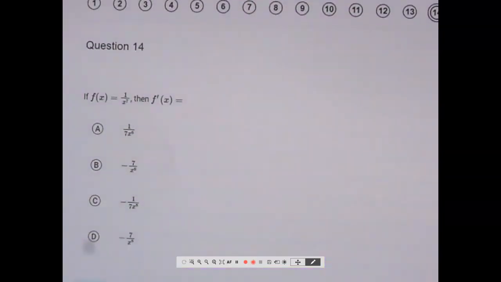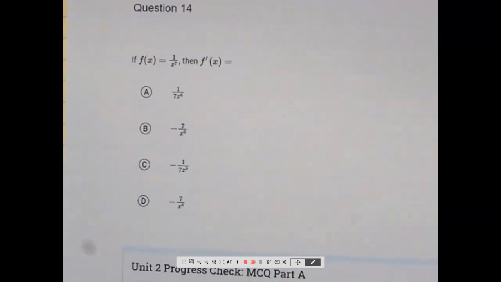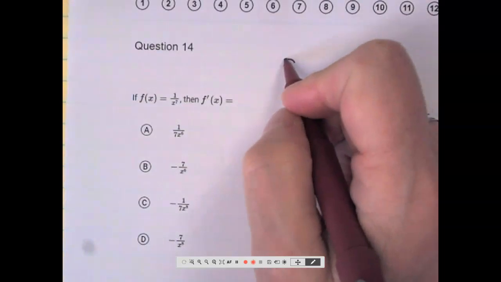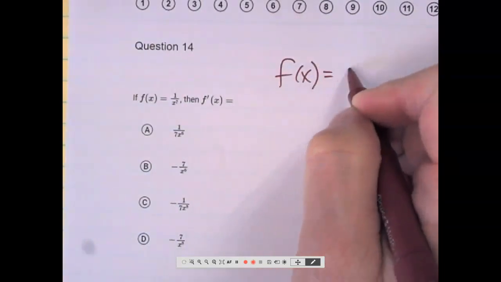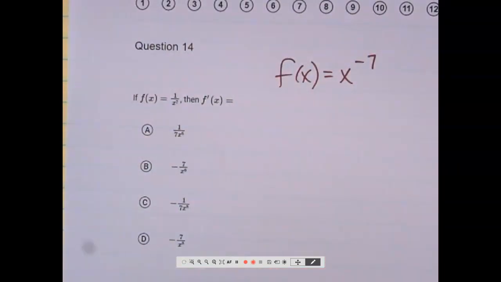Next one. Find that derivative. That's kind of like something we did on the test. Oh, don't tell them the answer. How would you rewrite it first? X to the negative 7. And now find your derivative. Don't call it out.